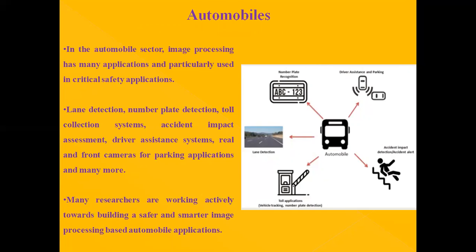Then driver assistance systems at the parking lot with the help of front and rear view cameras, and lane detection are some of the other applications. Then accident impact detection and accident alert.